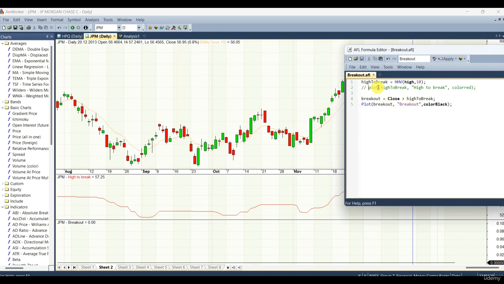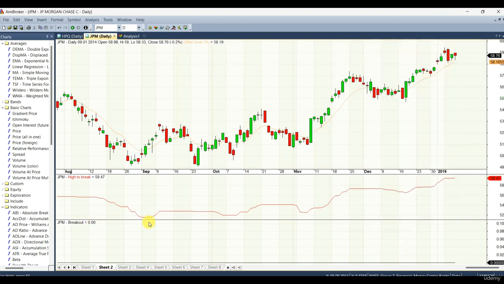I said before that high to break is the highest high of last 10 bars, including the current bar. And that's exactly why I am not seeing any values here. The breakout is 0, which means it's false everywhere. I don't see any value higher than 0.